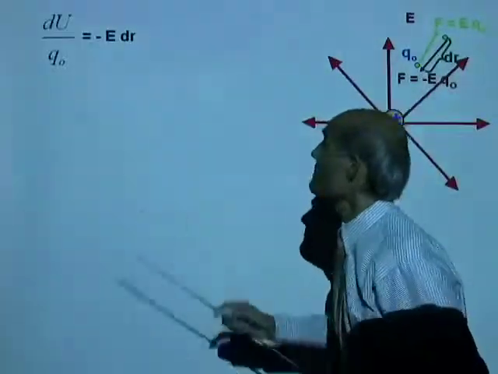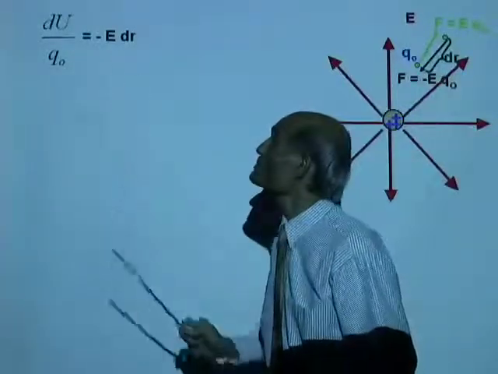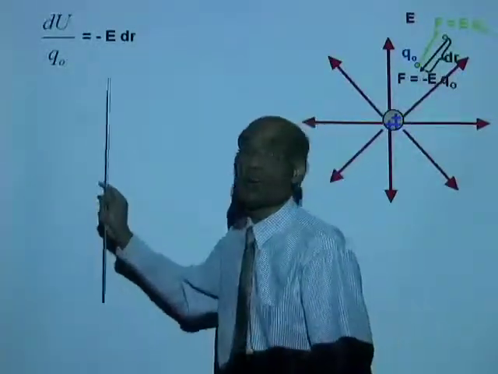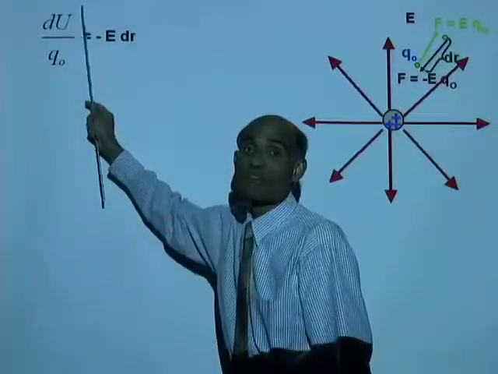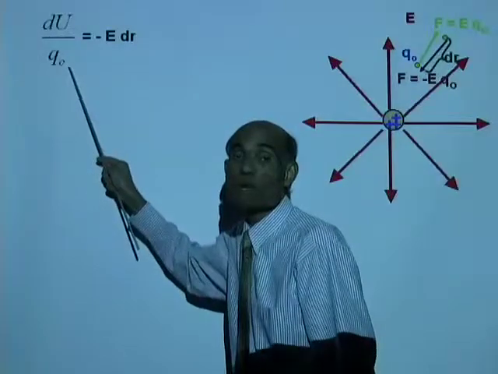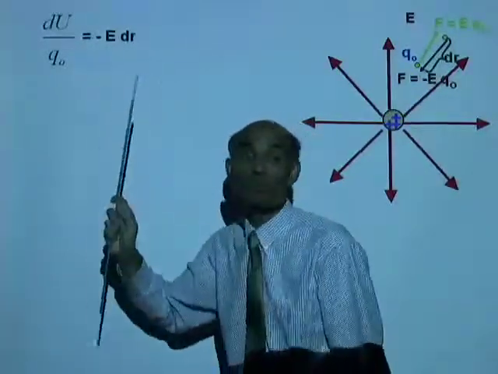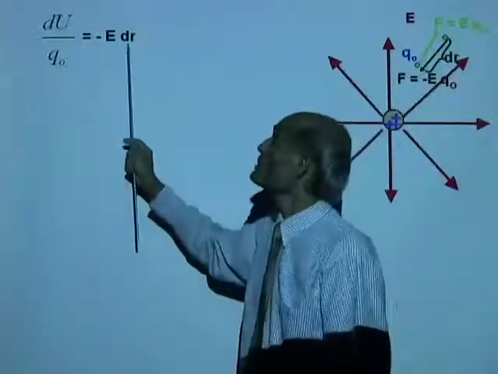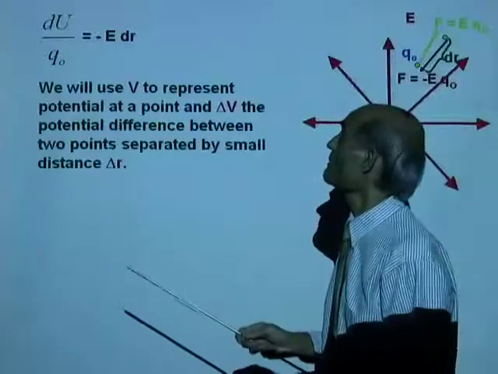the other. So we have dU over Q0 equal to negative E dr. What does dU over Q0 define? It is the potential energy per unit charge, and this is a measure of the potential difference between 2 points at a distance dr apart.